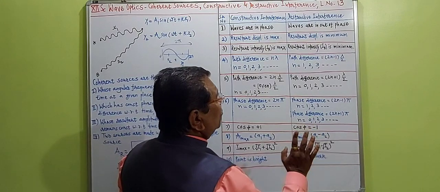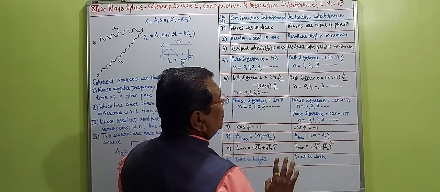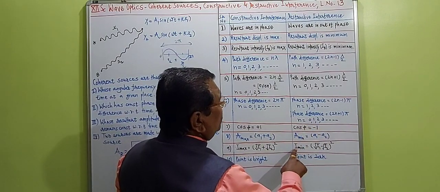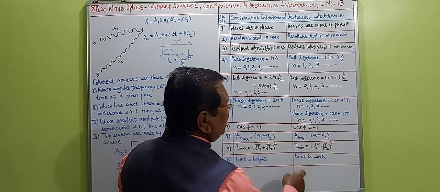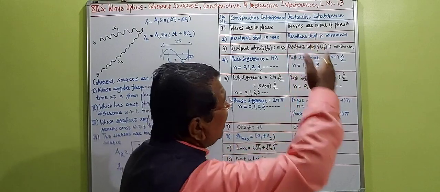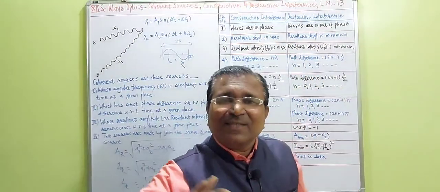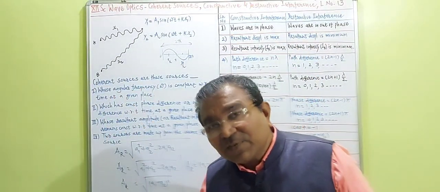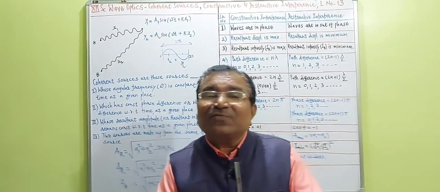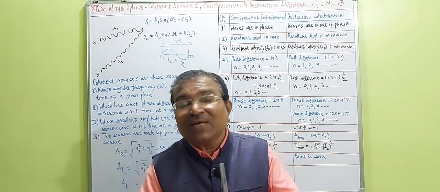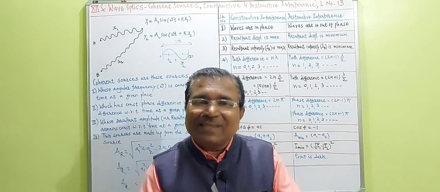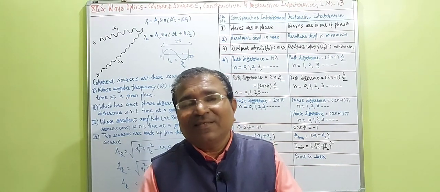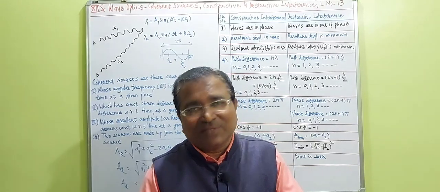Cos phi is equal to minus 1, A minimum is equal to A1 minus A2, I minimum is equal to root of I1 minus root of I2 bracket square. Point is dark. That is destructive interference and this is constructive interference. All the formulae are very important from the point of view of CET, NEET and JEE examinations, dear students.